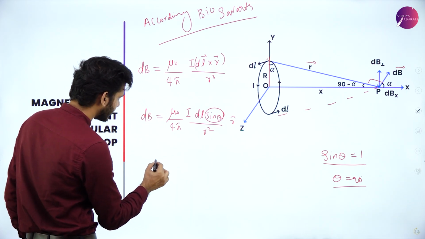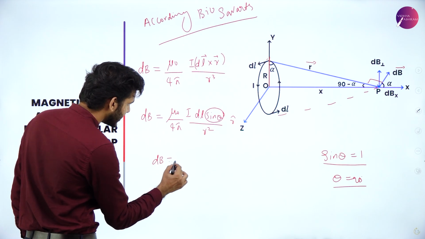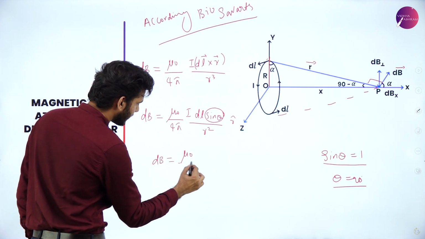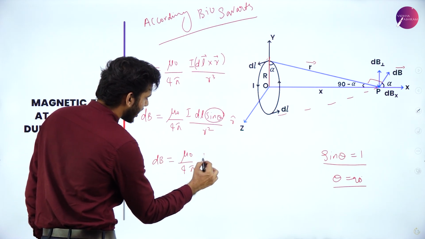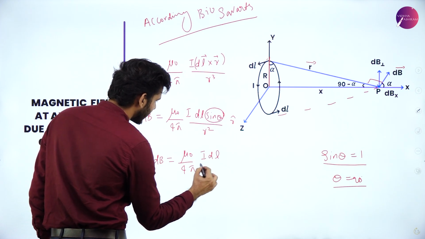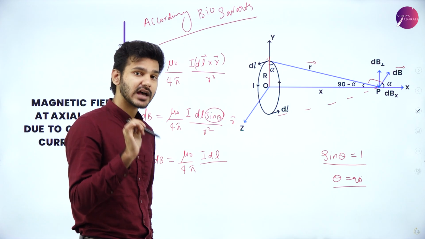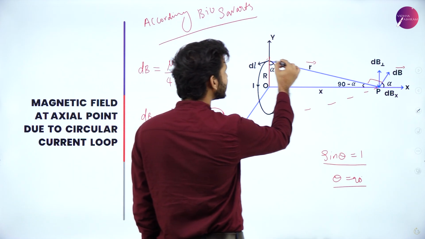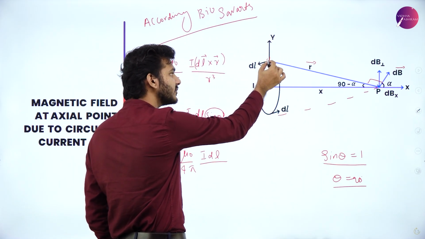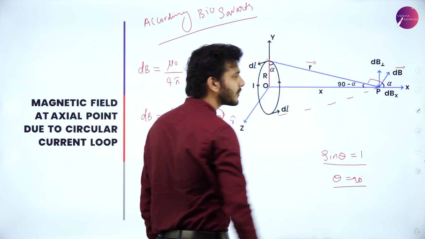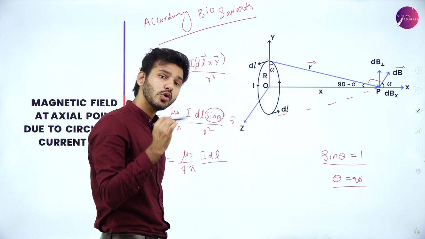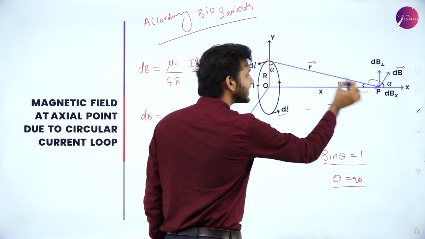So I am going to write dB is equal to mu naught by 4 pi, I dl divided by r square. What is r square? R square is this particular distance, the distance from the element dl to this particular point P. But we don't know this distance r.